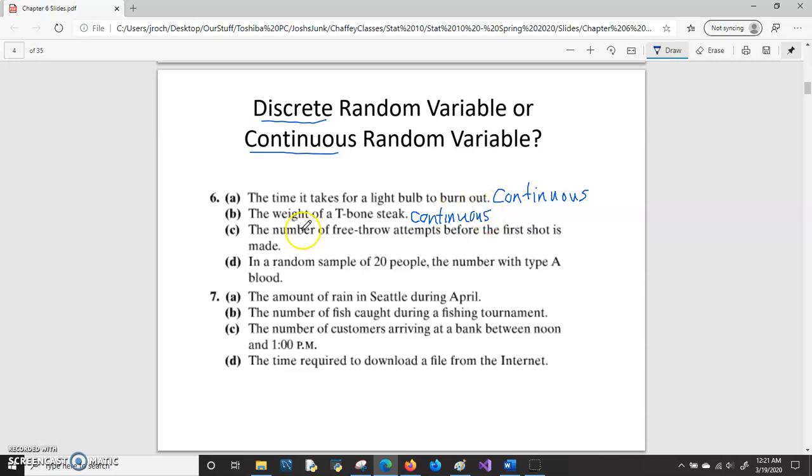Let's see, the next example, the number of free throw attempts before the first shot is made. When you're counting free throw attempts, those can only be whole numbers. You can attempt 0 or 1 or 2 or 3 free throws, but it wouldn't make sense to say that you attempted 1.753 throws. They can only be a whole number, and so those are discrete.